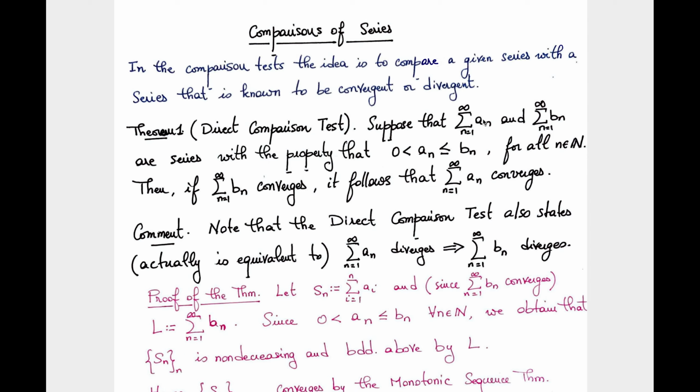The first one whose terms are An, the second one whose terms are Bn, and suppose that the An are all positive and they are dominated by the Bn terms.